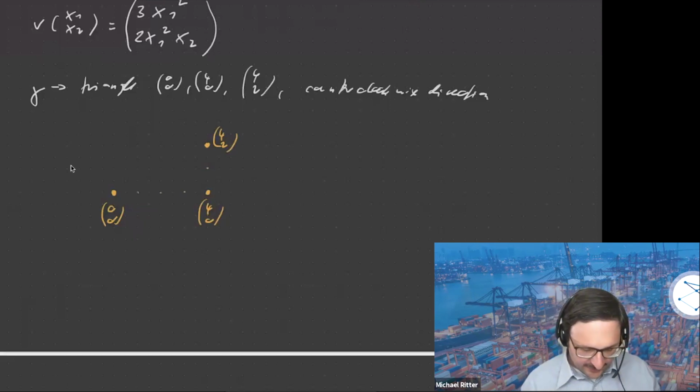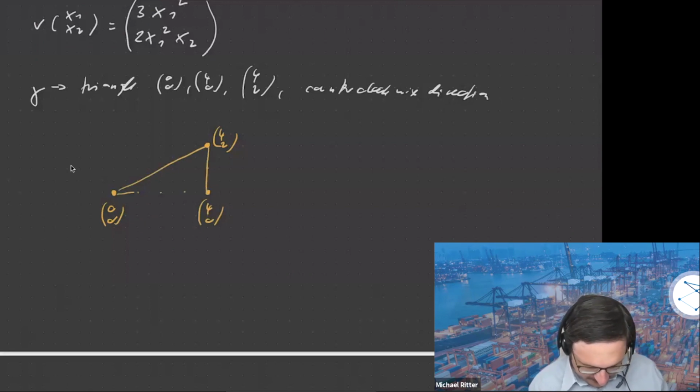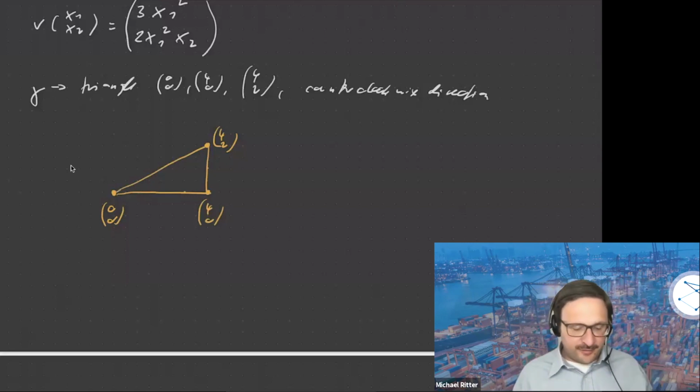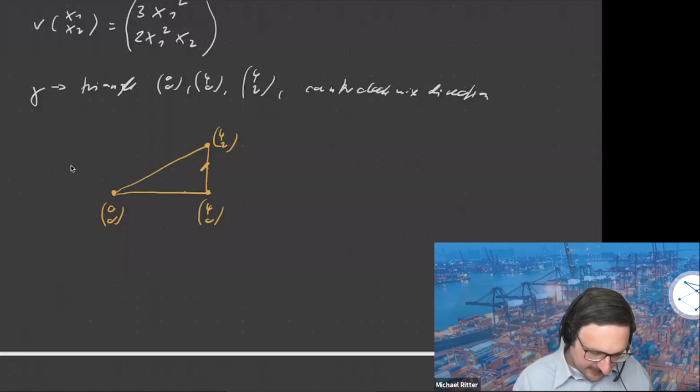So the triangle that we're looking at is this one here. And gamma is the boundary curve of that triangle in counterclockwise direction. So we're running through that boundary in this direction here, right? That's counterclockwise. Okay, like this.